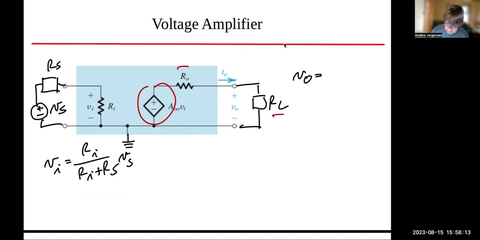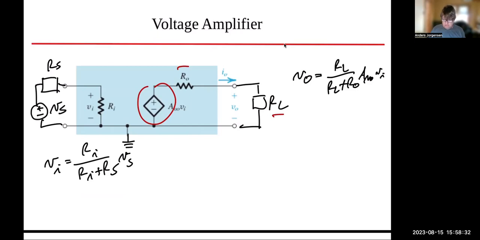Okay, so that's going to look like this. The division is RL over RL plus RO, and then multiplied by AVO times VI.